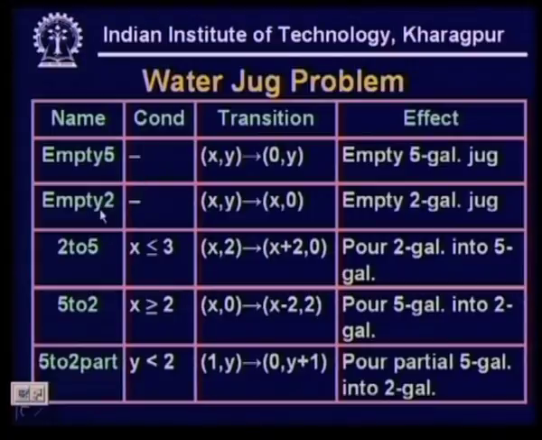Empty 5 can always be used, and as a result you move from state x y to state 0 y, because this jug becomes empty. Empty 2, that is the empty 2 gallon jug, if you apply it on state x y, you get the state x 0. 2 to 5 is the operator to pour the 2 gallon jug into the 5 gallon jug. If you start with x 2, you get to x plus 2 0.